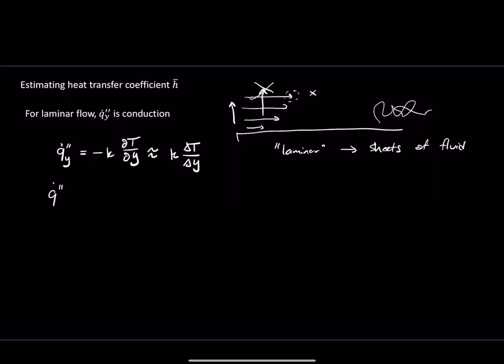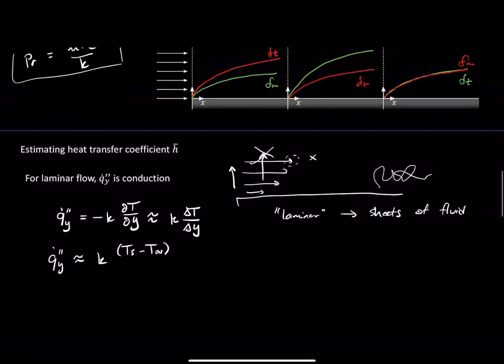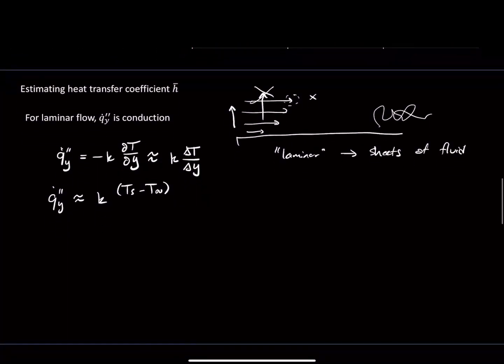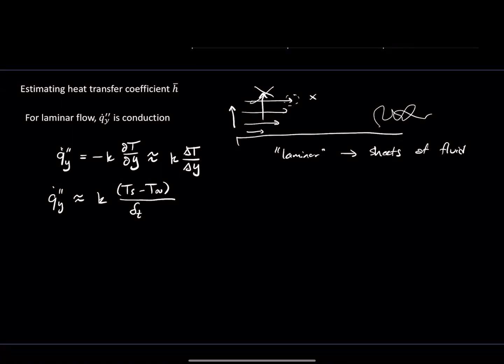So Q dot double prime y is approximately equal to k times what's our estimate of the temperature difference? Well, that is going to be Ts minus T infinity. That's the total temperature difference across the boundary layer, right, from the plate up to the fluid. Well, what's the delta y that goes with that? That's going to be delta T as a function of x, right? That boundary layer thickness, which is varying as a function of x.